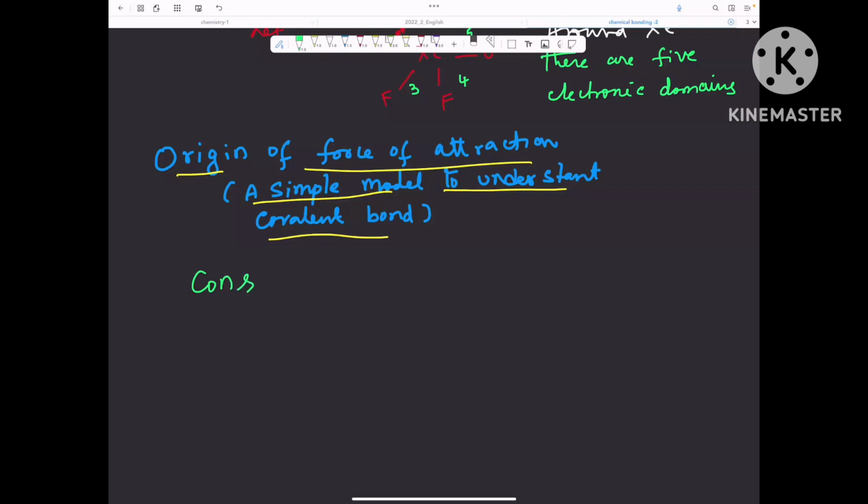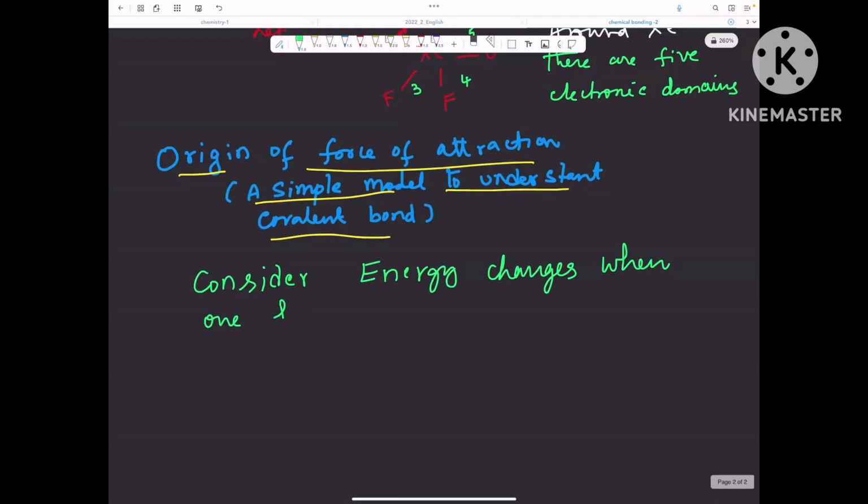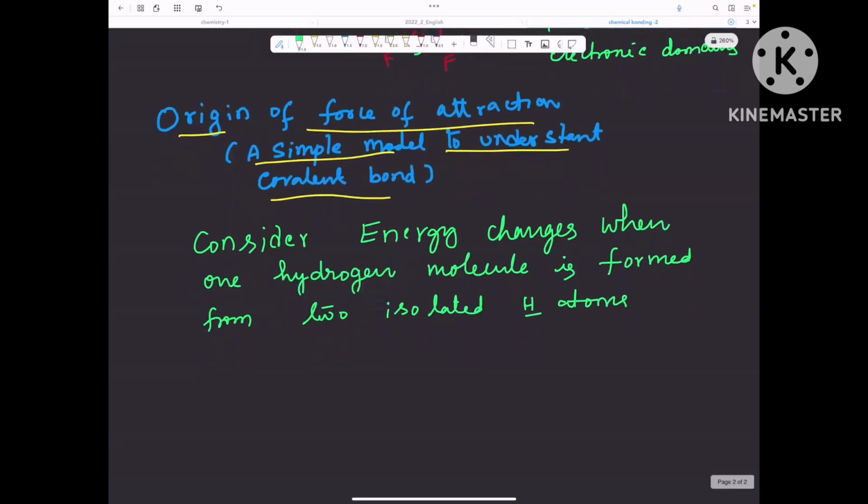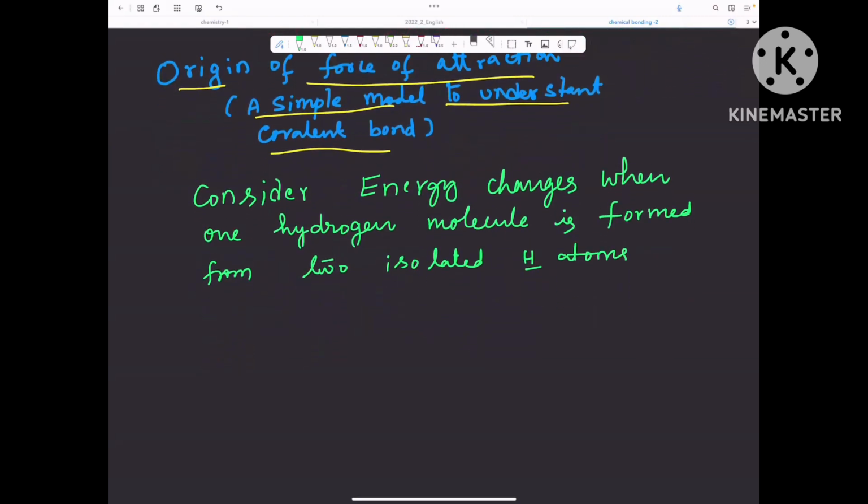Consider energy changes when one hydrogen molecule is formed from two isolated hydrogen atoms.